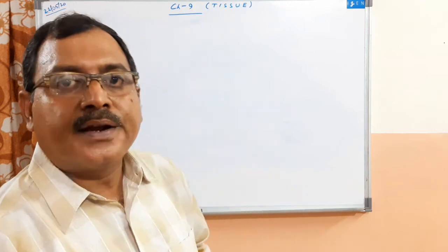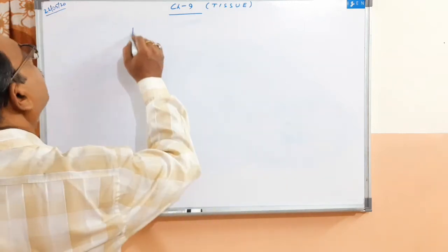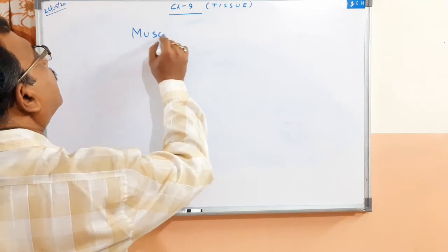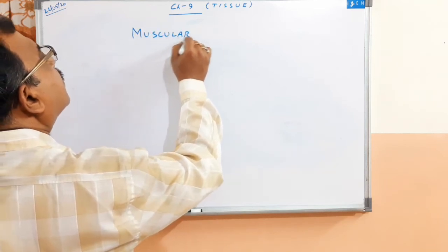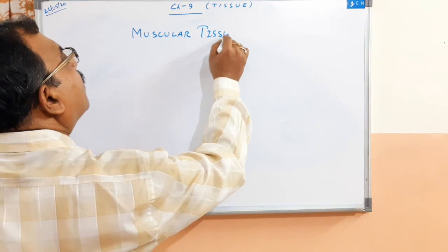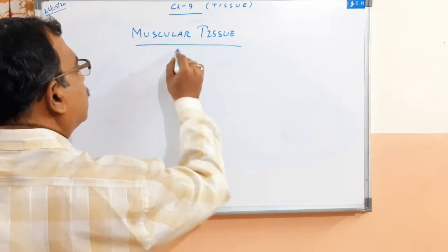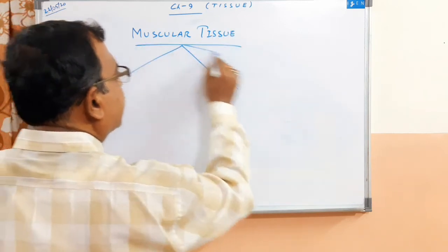Welcome back, children. Today we will start the third type of connective tissue, that is muscular tissue. Now, muscular tissue is of three different types.